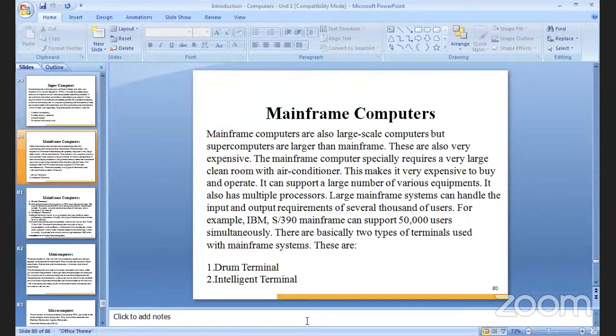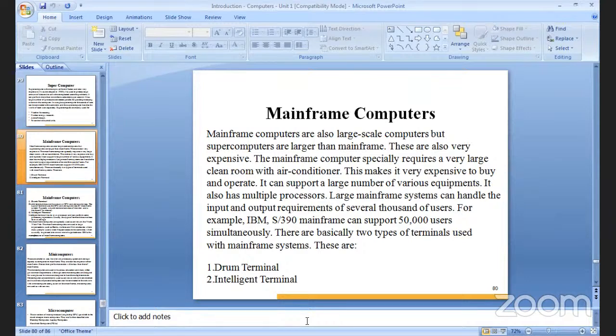The mainframe computer especially requires a very large clean room with air conditioning, and it's very expensive to buy and to operate. It can support a large number of various equipment. It also has multiple processors, and large mainframe systems can be handled.